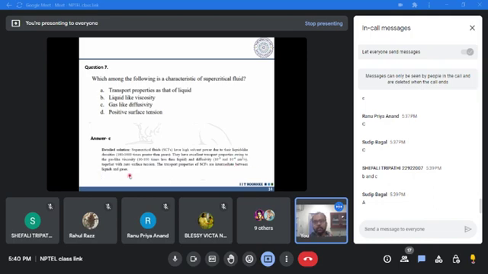So the property of a supercritical fluid is gas-like diffusivity, because it has zero surface tension and excellent solvent properties.